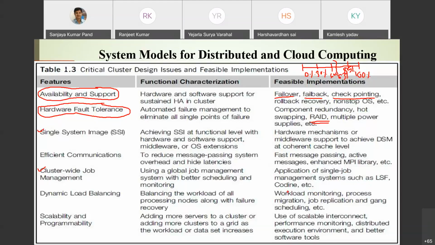Another book you can study is High Performance Computing, Volume 1, Volume 2 by Professor Rajkumar Buyya. In that book, you will get these details, such as LSF and assigning jobs to the resources.